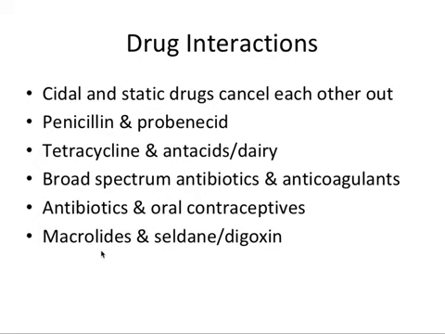And lastly, macrolides such as erythromycin, remember the mac likes to throw mice, inhibit the metabolism of drugs such as Seldane, which is an antihistamine, and digoxin, which is an antiarrhythmic.